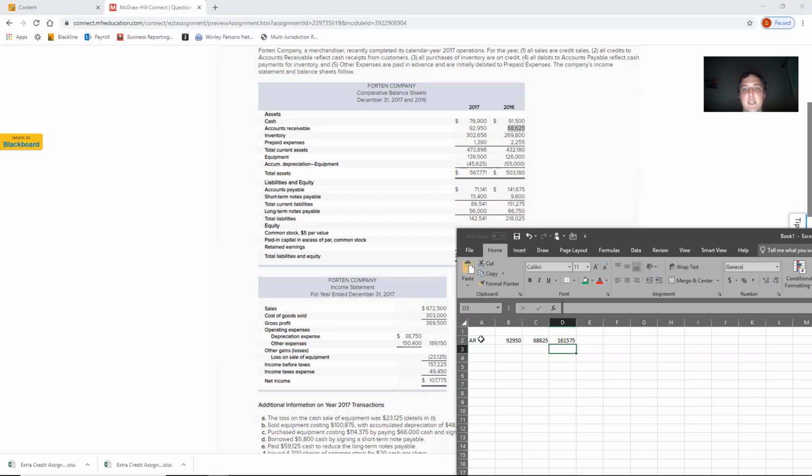Because the AR went up, that means that we did not collect, so that's going to be a reduction of the sales.